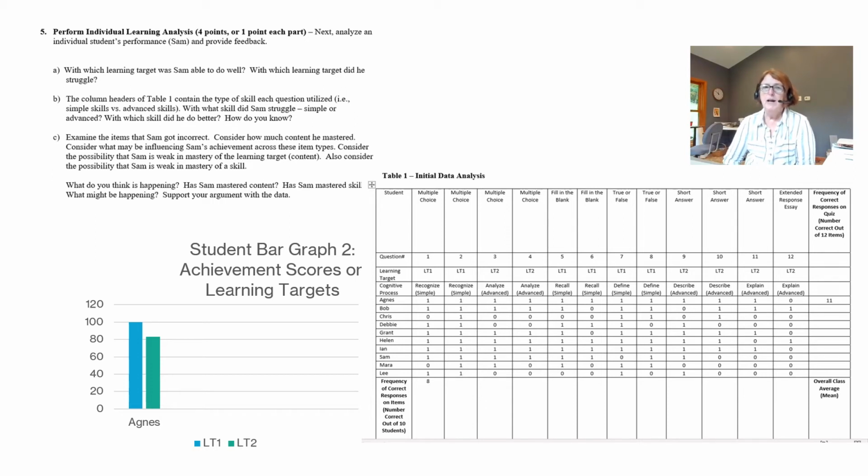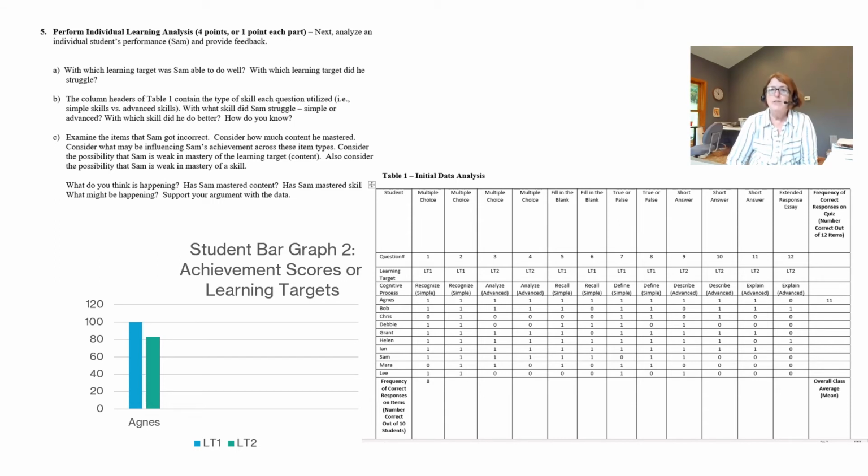B says the column headers of Table 1 contain the type of skill each question utilized. So for example, simple skills versus advanced skills. So let's think about that for a minute. There's some very simple skills, such as if a multiple choice question asks you to identify the meaning of a vocabulary word.